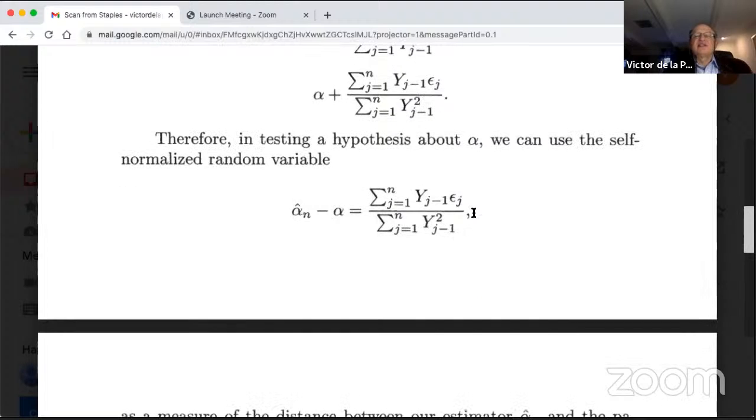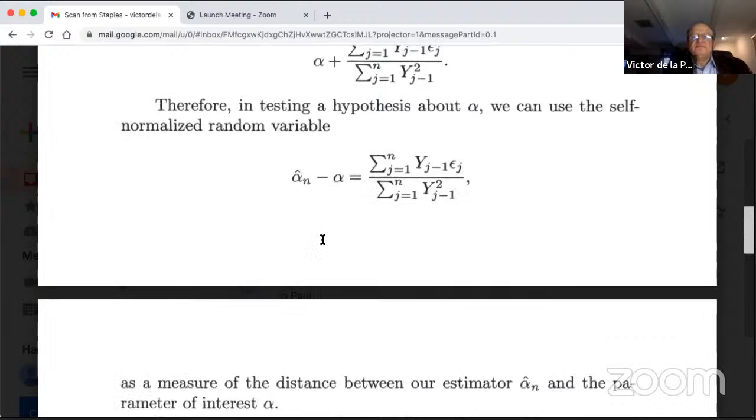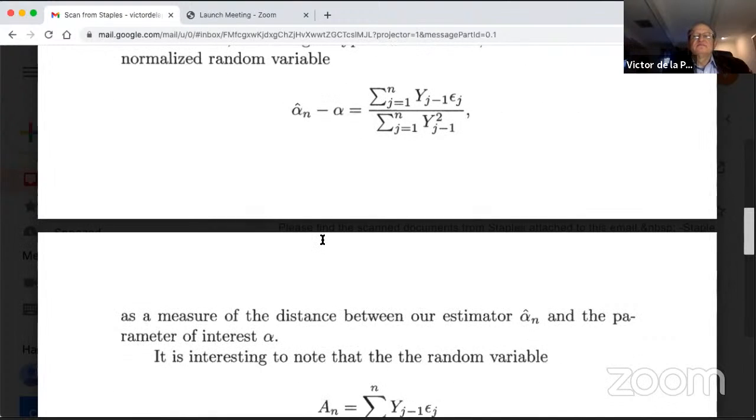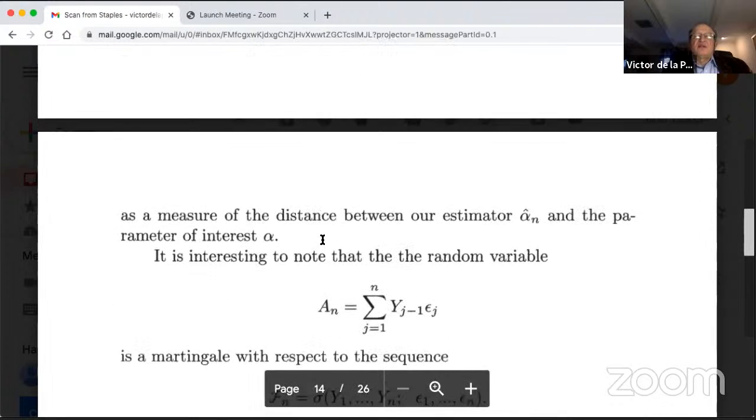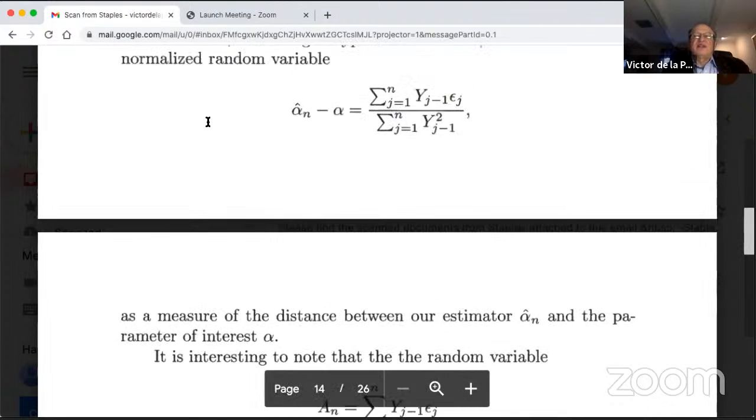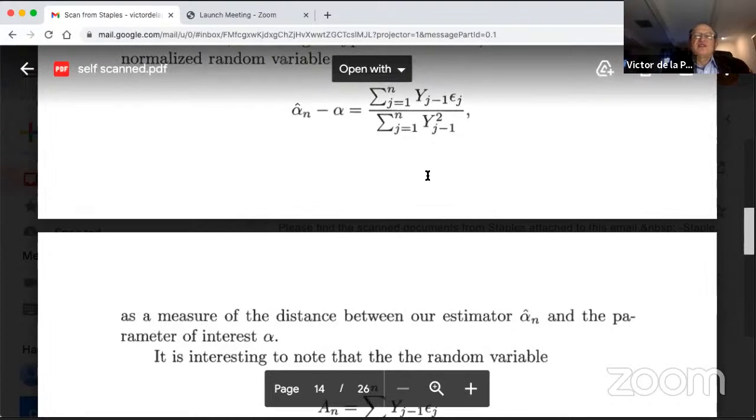Therefore, in testing a hypothesis about alpha, we can use self-normalized random variables, okay? So if we get inequalities for this variable, then we can get limit theorems for alpha n.